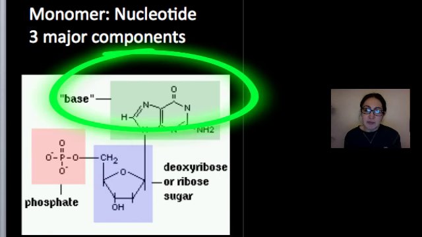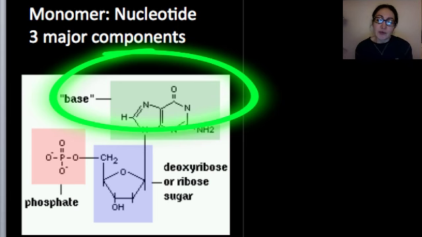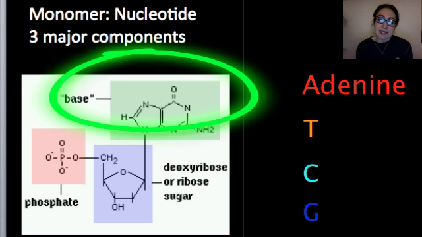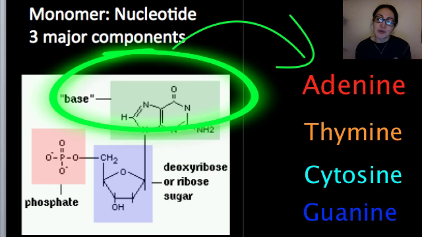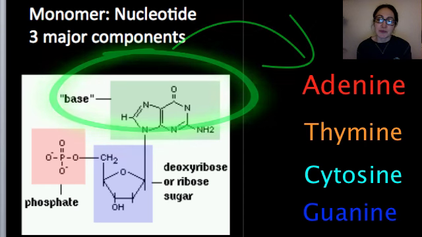So the nitrogenous base is often abbreviated by using the first letter of the base's name, and you might be familiar if you've taken biology before as that being A, T, C, and G. So A stands for adenine, T stands for thymine, C stands for cytosine, and G stands for guanine. So these four bases are important because they help determine our genetic information.